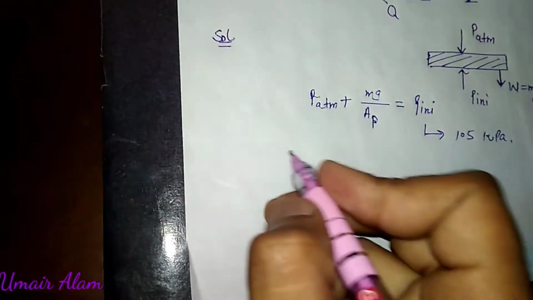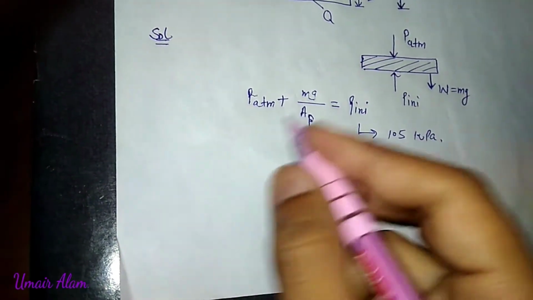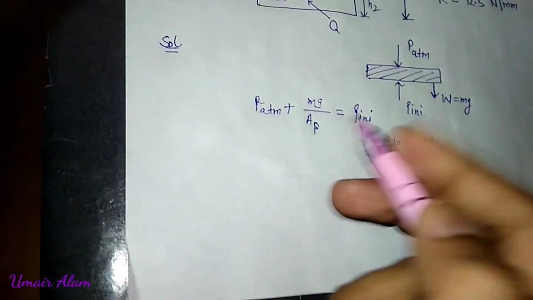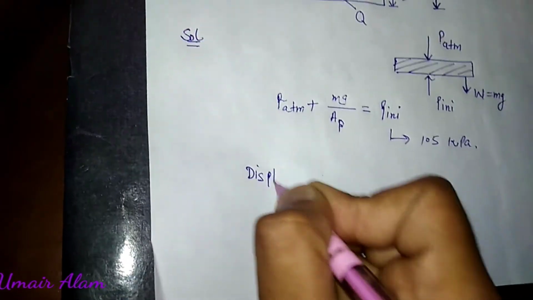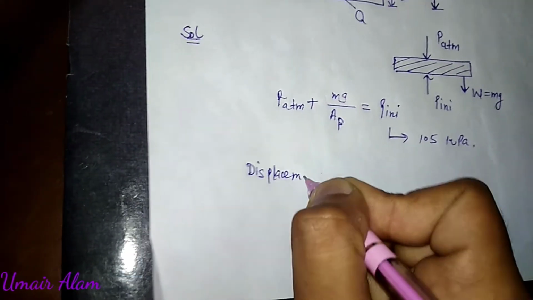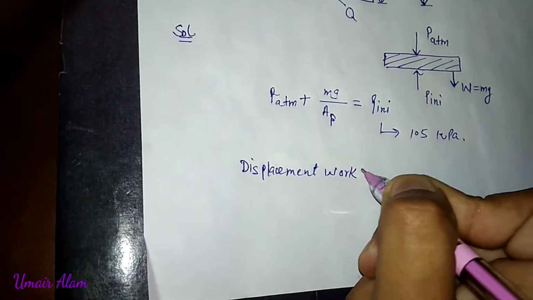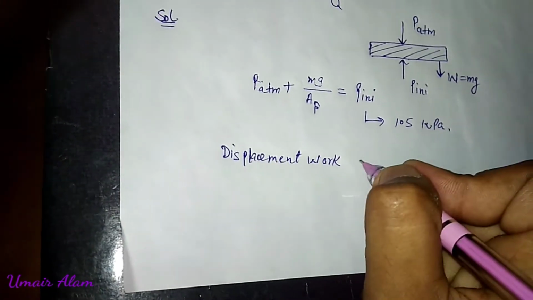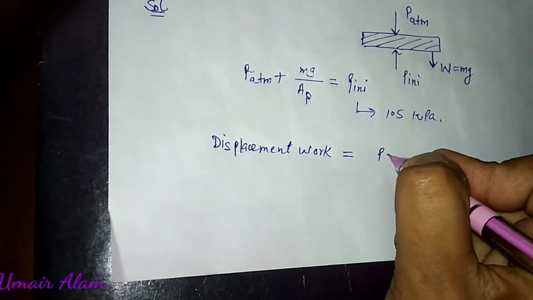Now we will calculate first the displacement work. This work is due to the piston movement, which is equal to p dv.